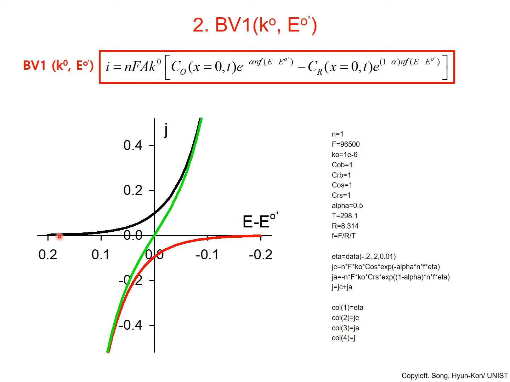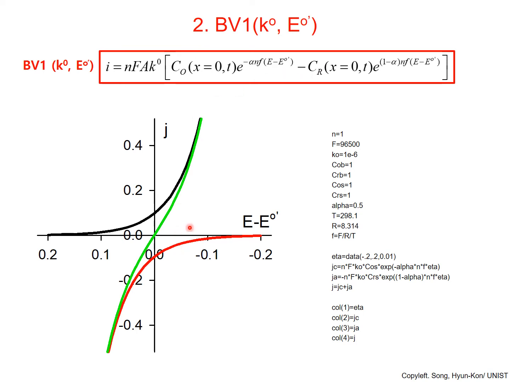The first curve is about the cathodic current, and the other is the anodic current. The black one is for the first term of the Butler-Volmer, and the red one is for the second term of Butler-Volmer.